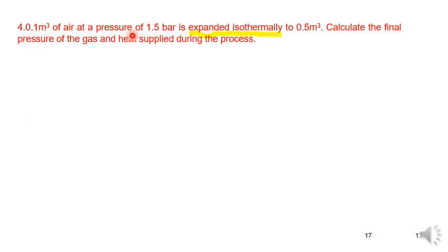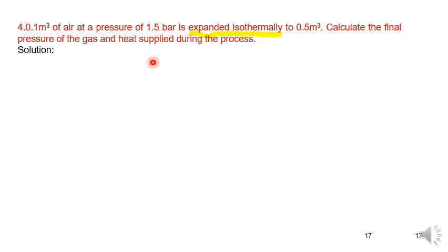V1 value, P1 value, here 1.5 bar, converted into kilonewton per meter square, means 150 kilonewton per meter square. V2, and calculate the final pressure P2, question mark; heat supplied means Q is equal to question mark.